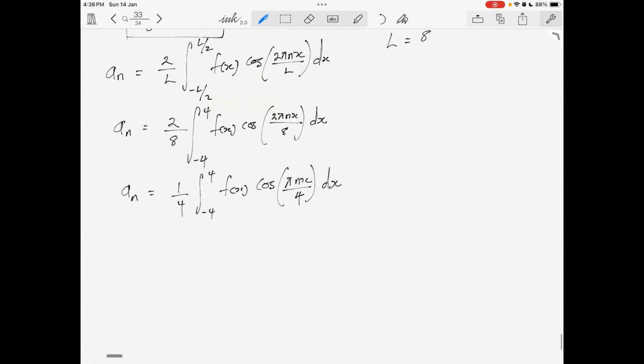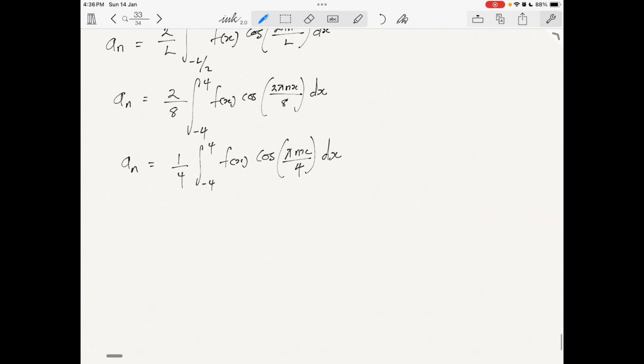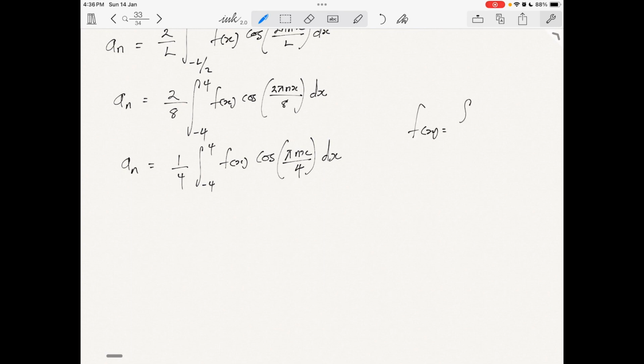Provided we have this as our AN, we remember from the question that f of x is equal to minus 2 for minus 4 less than x less than minus 2, x for minus 2 less than x less than 2, and 2 for 2 less than x less than 4.